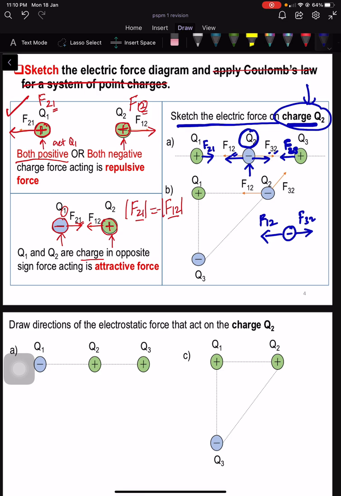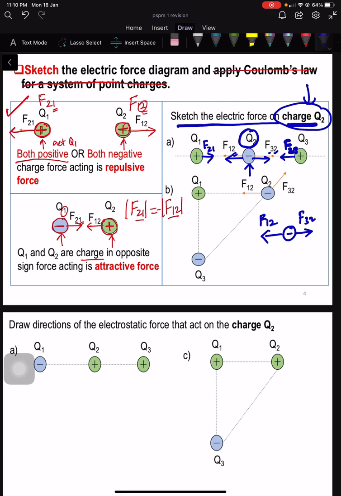This time I just teach you how to sketch the electric force diagram based on the test charge given. Same goes with this one. This one we call two dimensions. Why two dimensions?